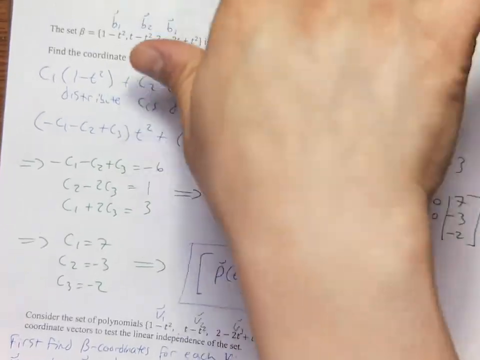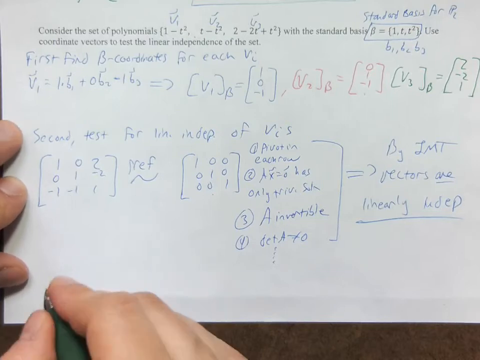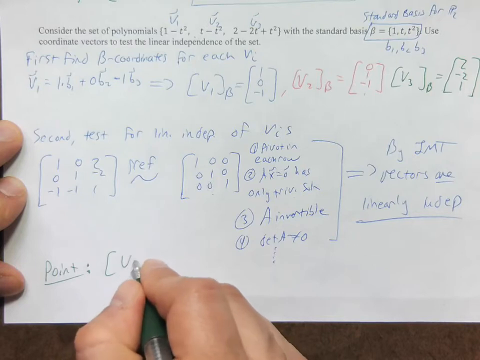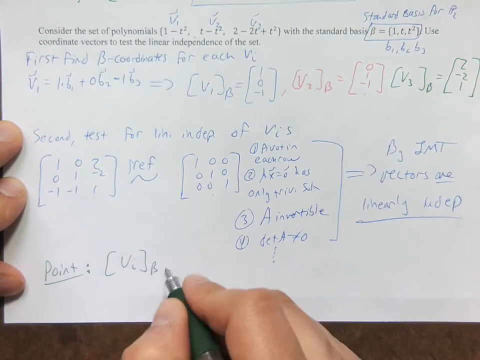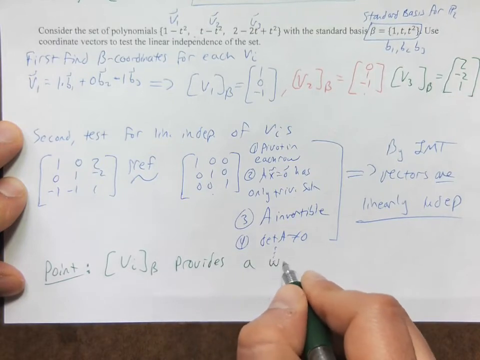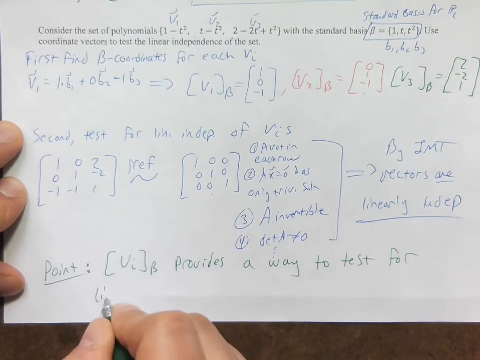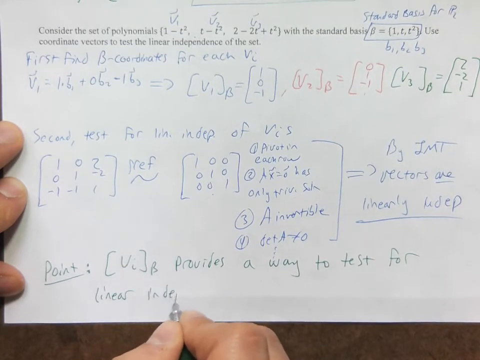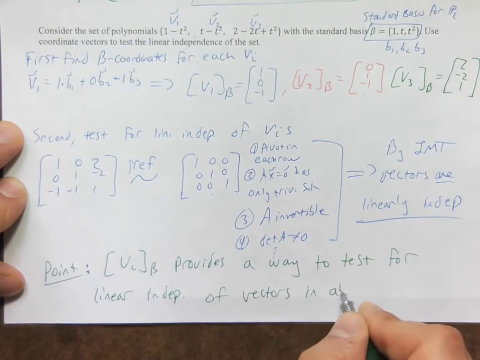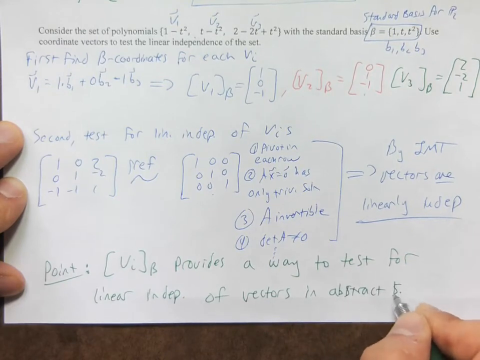And so I just want to make a quick note about what we just did at the bottom here. The point of this thing we just looked at was that the coordinate vector, vi sub beta, provides a way to test for linear independence of vectors in abstract vector spaces.